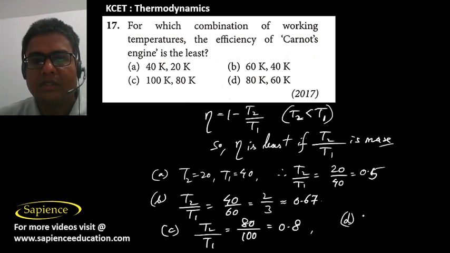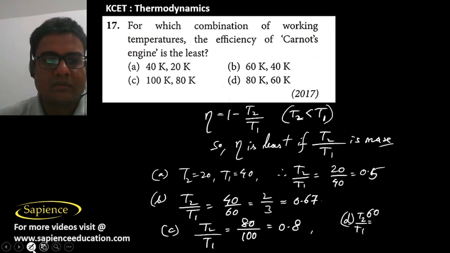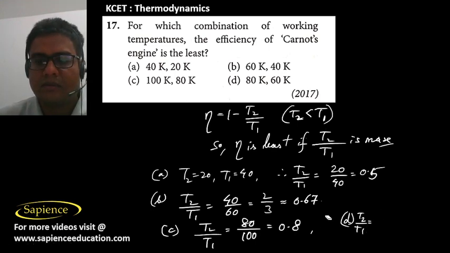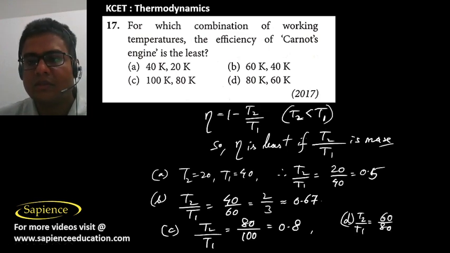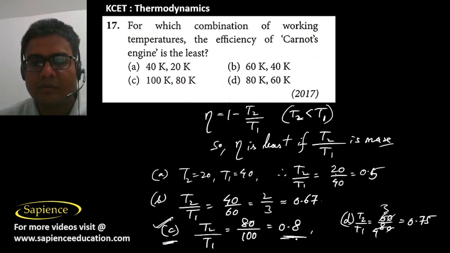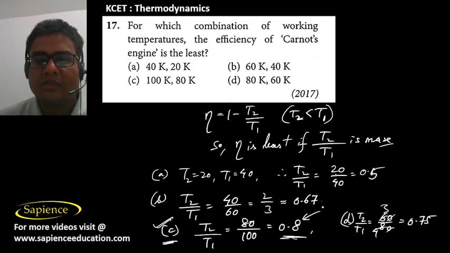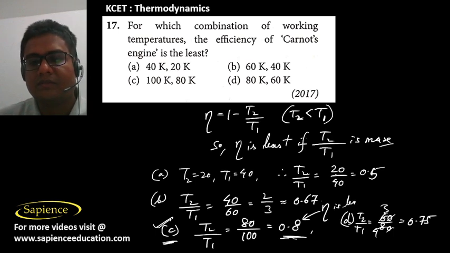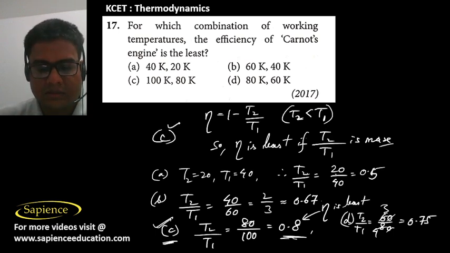In option D, T2 by T1 is 60 by 80, that is 3 by 4, which is 0.75. So out of all these ratios, in option C the ratio of T2 and T1 is maximum. Therefore in this case the efficiency eta will be the least. So option C is the correct answer.